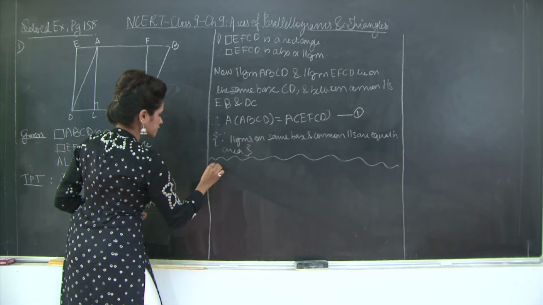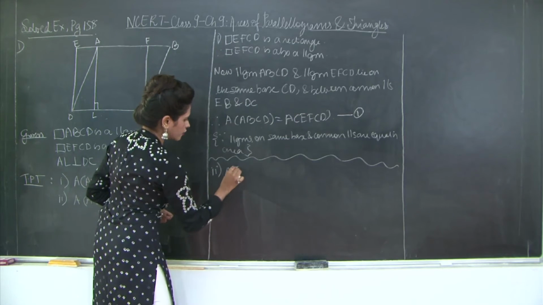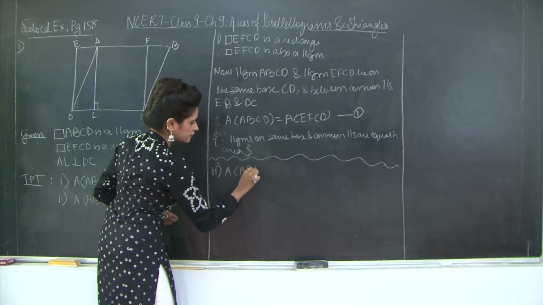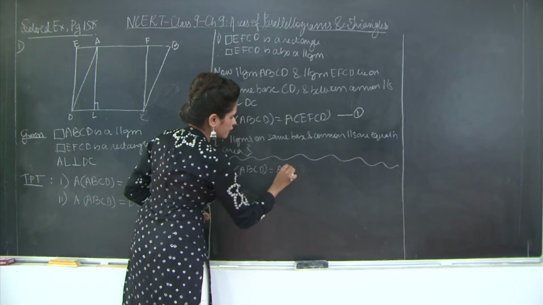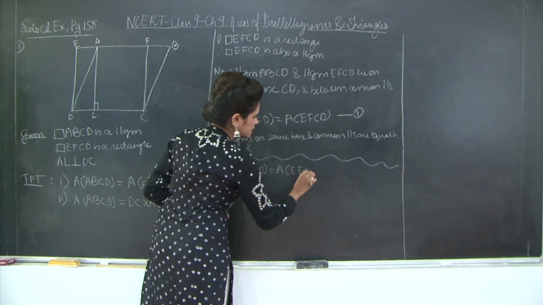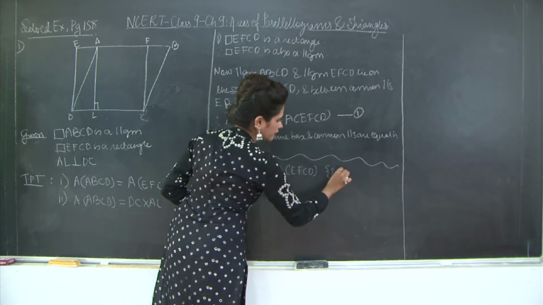In the second part, I have area of ABCD is equal to area of EFCD, from 1.